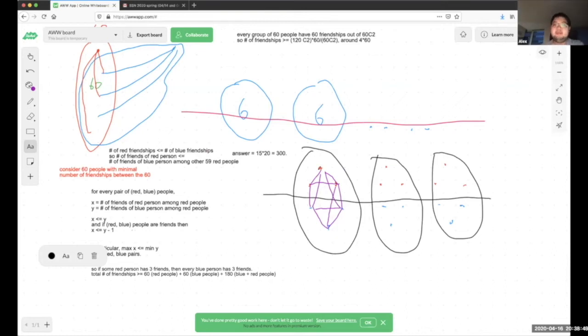Because we know the blue people also have at least 60 friends. And the 180 comes from the fact that every blue person has 3 friends, so there's a total of 180 friendships, 3 times 60.